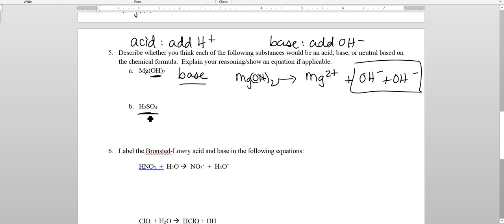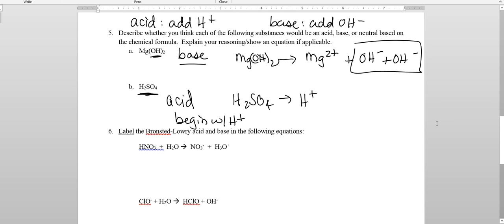If you look over here, this is going to be an acid, which I can tell because it starts with a hydrogen. So acids tend to begin with an H plus in their formula. When you put it in water, it's going to make H plus ions.